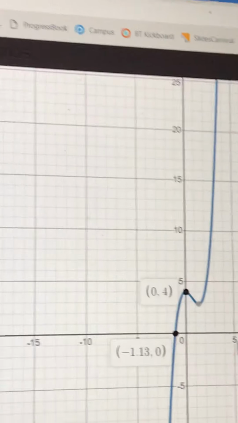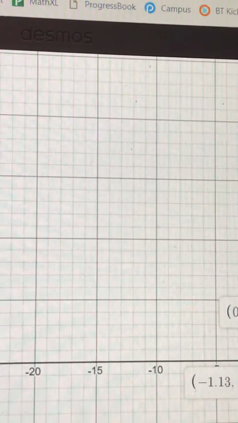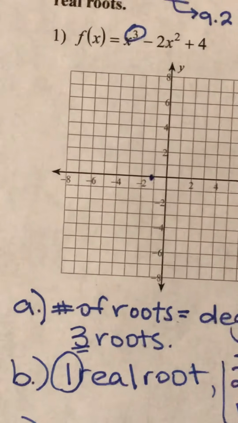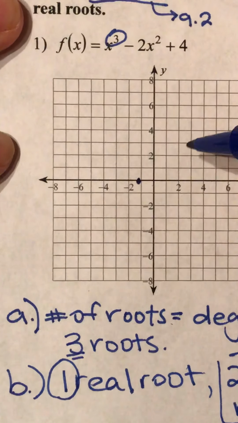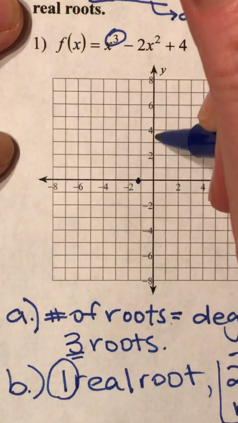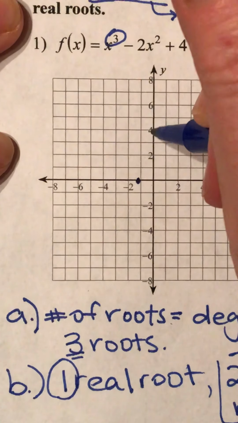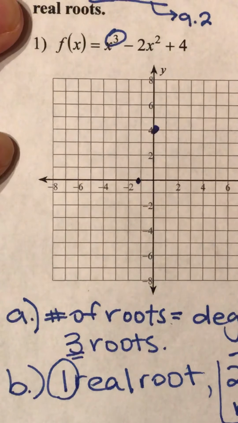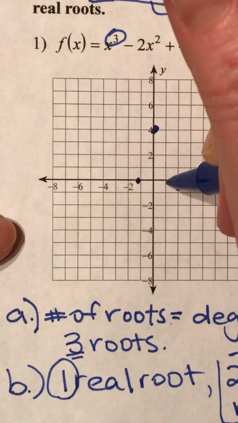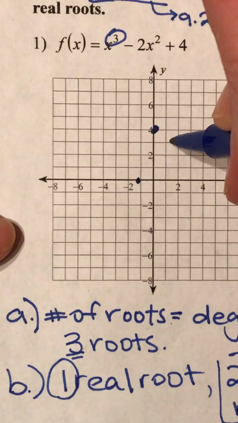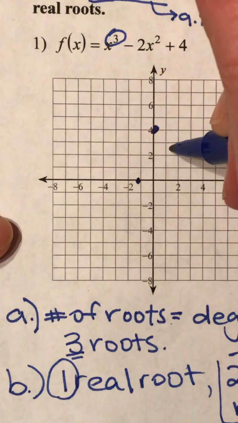End behavior, I kind of forgot to think about end behavior. Let's do one thing at a time. We said that the y-intercept was at (0, 4), and then there was a dip right at 1.3, right around here, and it went down to about 2.8 or so.